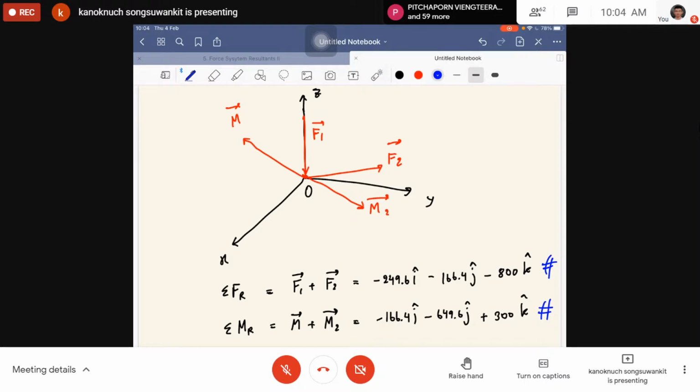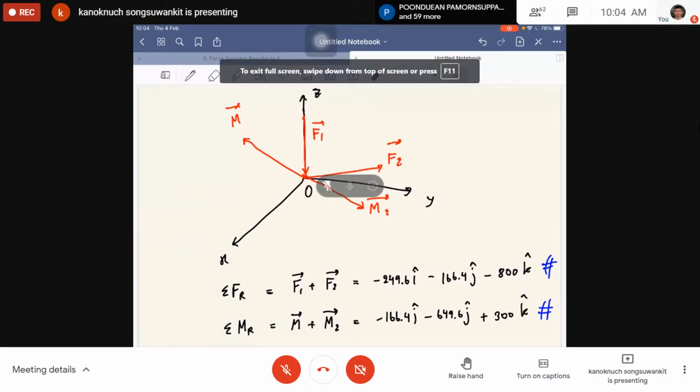Okay, so here are the resultant force and resultant moment at the point O. So this example shows you how to apply the equivalent system to help you solve the problem.